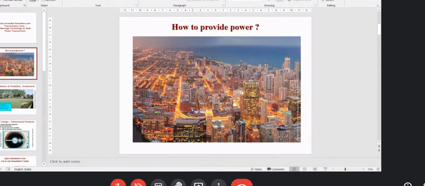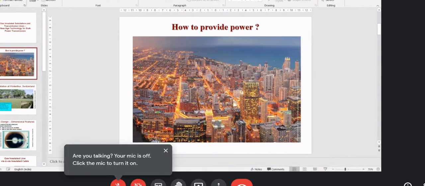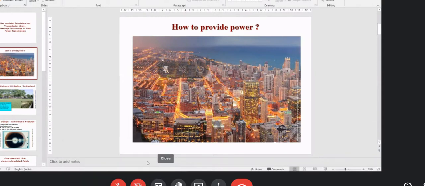But even more complicated is to deliver that power. We require substations and equipment, and they will be high voltage equipment. Otherwise, we cannot transmit that huge power. Now, the question is where do we set up that substation? Where is that land? Because in such cities, land is of extravagant price.